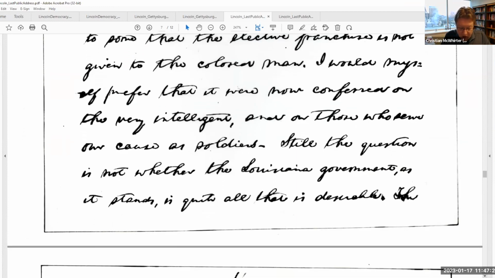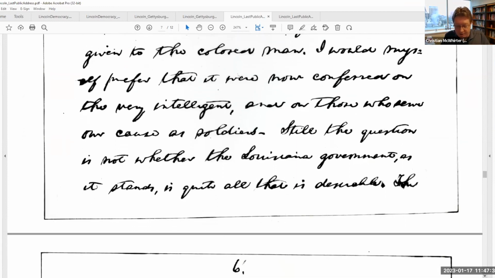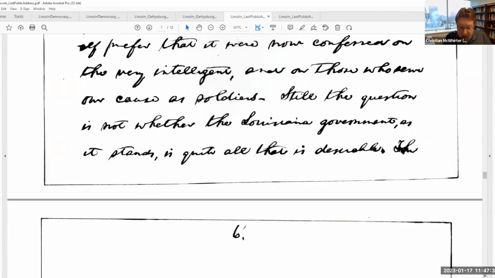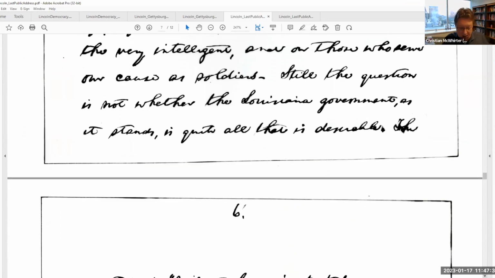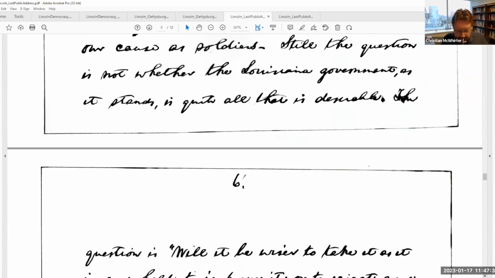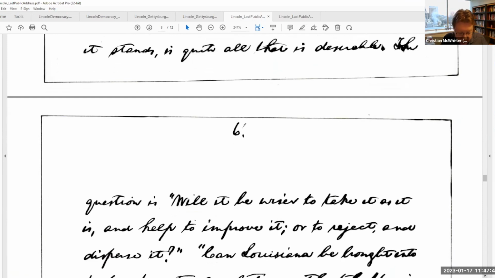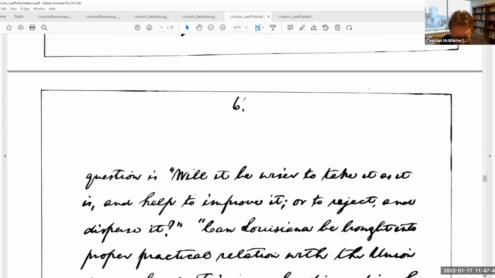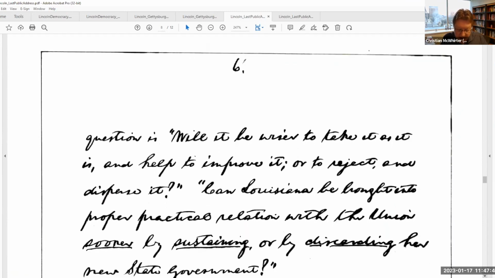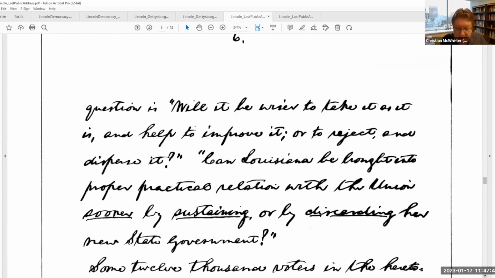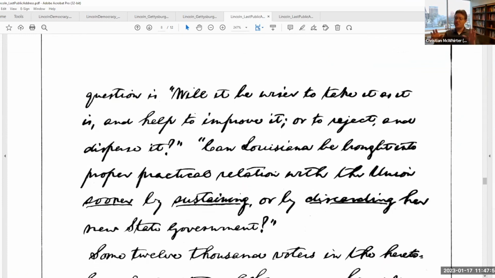I would myself prefer that it were now conferred on the very intelligent and on those who serve our cause as soldiers. Still, the question is not whether the Louisiana government as it stands is quite all that is desirable. The question is, will it be wiser to take it as it is and help to improve it, or to reject and disperse it?"